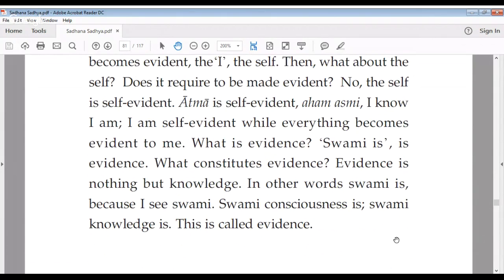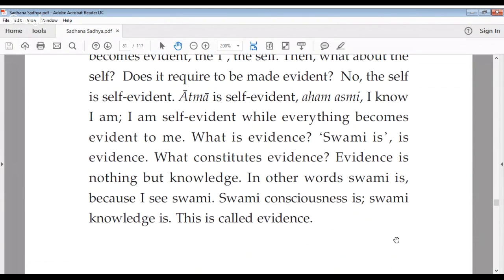What is evidence? Swami is evidence. What constitutes evidence? Evidence is nothing but knowledge. In other words, Swami is because I see Swami. Swami consciousness is, Swami knowledge is. This is called evidence.